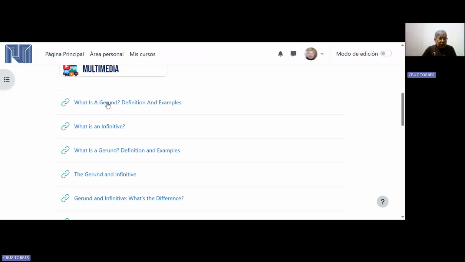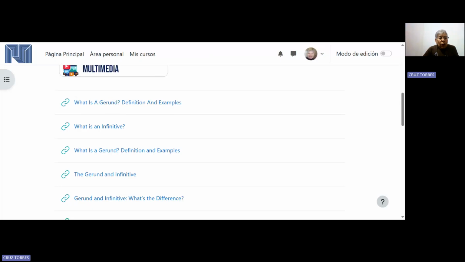What is a gerund? Let's look at the definition of a gerund, okay? A gerund is a form of a verb that ends in ing and is used as a noun.